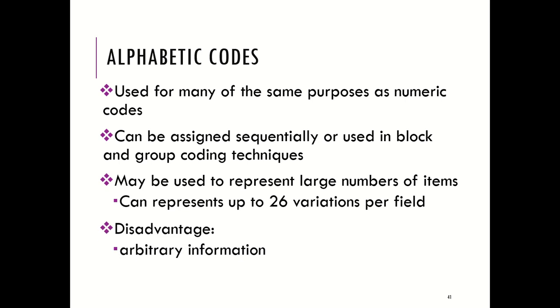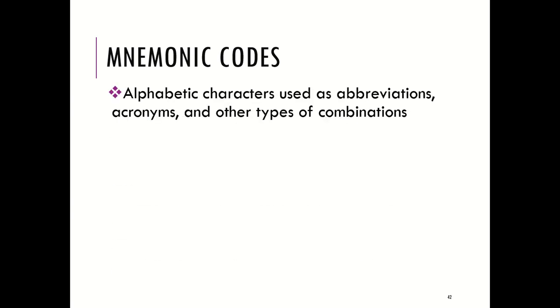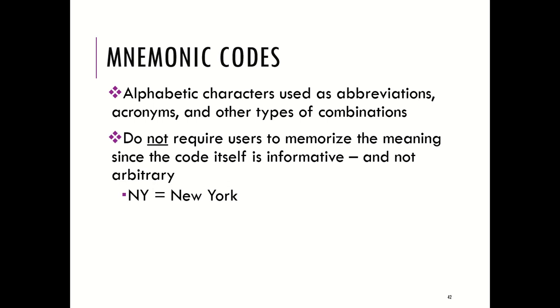Okay? And finally, we have mnemonic codes. Mnemonic codes are alphabetic characters used as abbreviations, acronyms, and other types of combinations. They do not require users to memorize the meaning since the code itself is informative and not arbitrary.